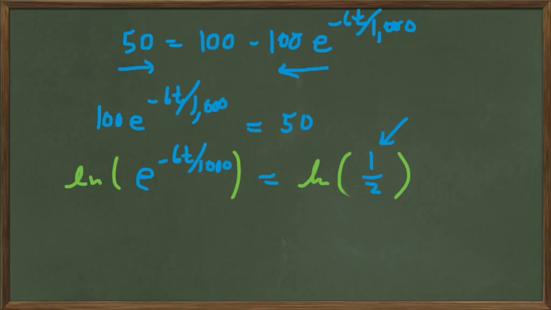So we take ln on both sides, that brings the power down, that gives us minus 6t over 1,000 equals ln 1/2, which is minus 0.693, and if you go through the calculations, multiplying by 1,000 and dividing by minus 6, you get that t is 115 minutes.